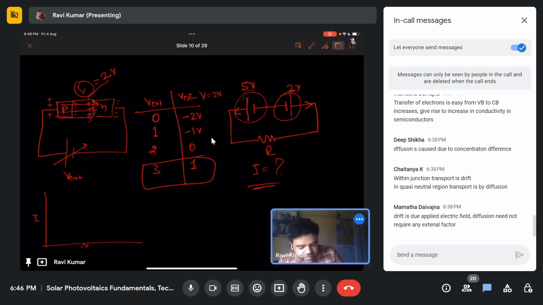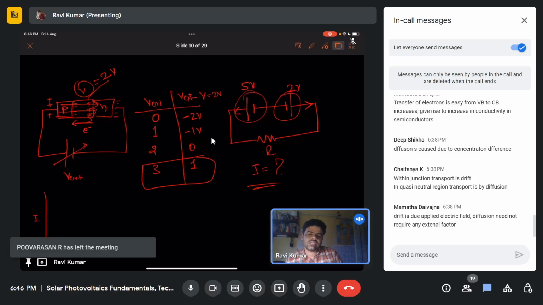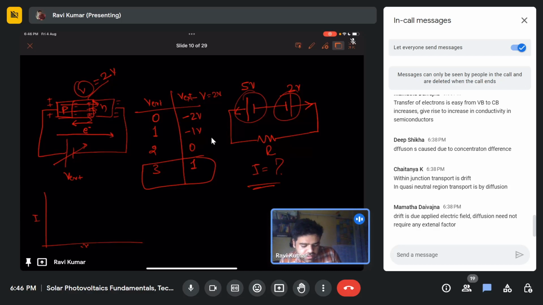See, a charge carrier is here an electron, and this is our positive to negative electric field. So where should this electron go? Positive to negative. And due to this electric field, this electron should go in the opposite direction. It will go in here and it will go here.